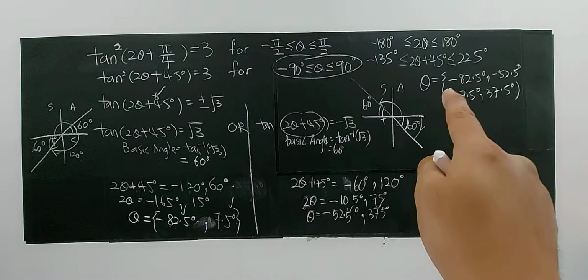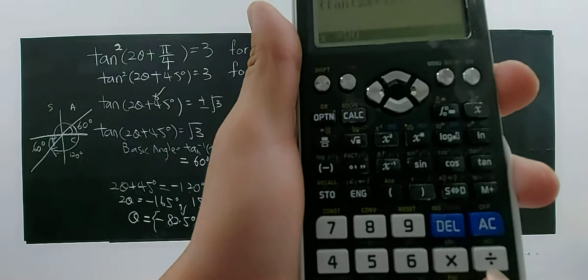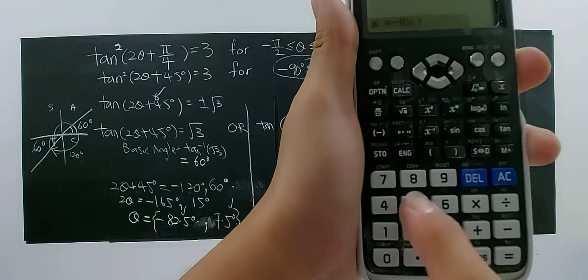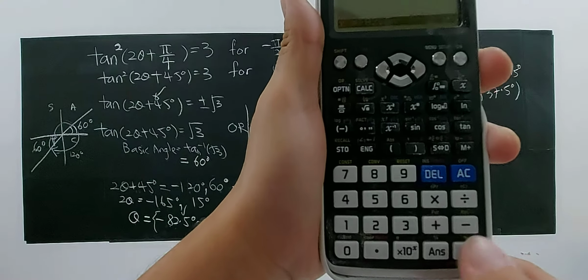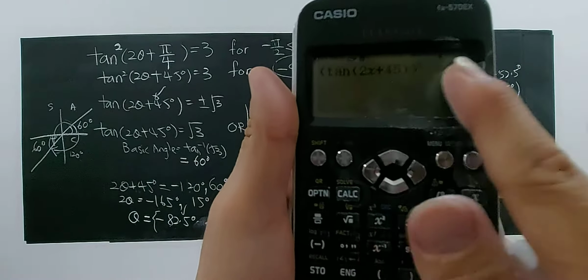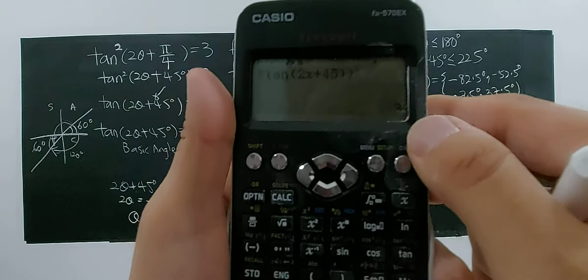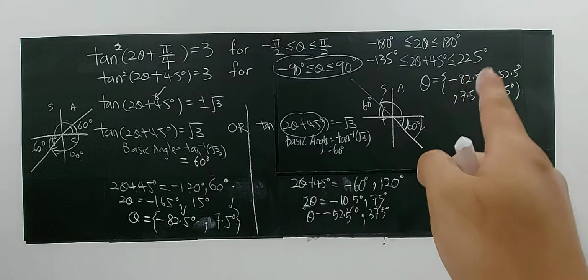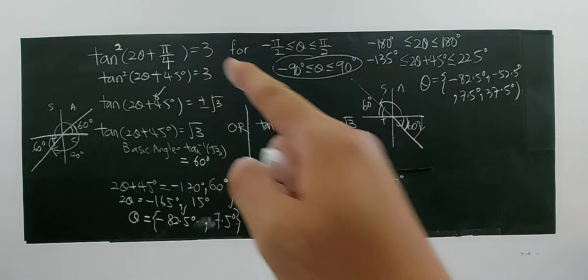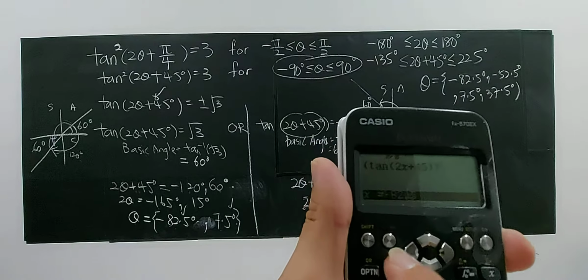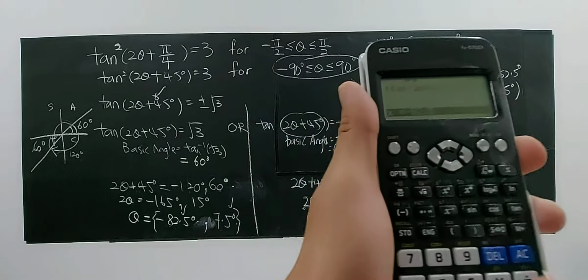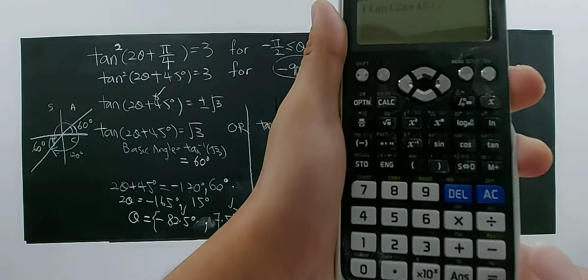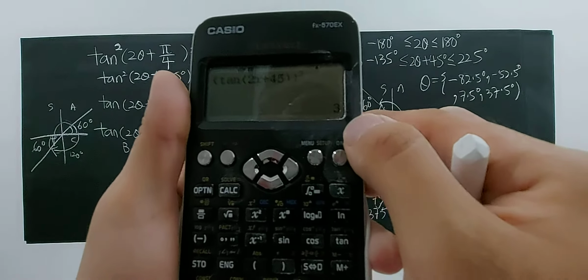Then put in the value, negative 82.5, and press equal. If you look carefully, you are getting the value 3, which means it's true. Negative 82.5 is an answer. Now you calculate negative 52.5, press equal, and you still get 3.